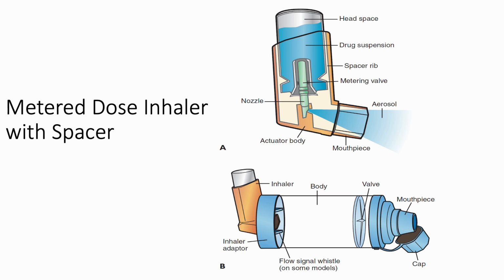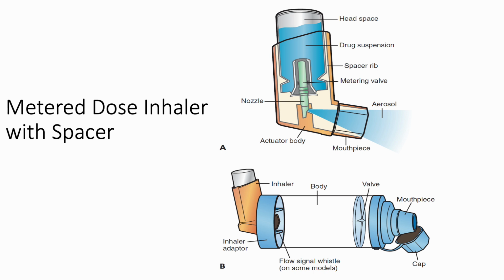You can see this long tube here. What's going to happen is it's going to keep it suspended in the air so that if your patient has poor coordination, they can't time their breathing and all of that very well, we can put their mouth on the mouthpiece at the end. It will be suspended there, ready for them to take a breath if they don't coordinate it very well. So this is especially helpful, again, for children and for the elderly.